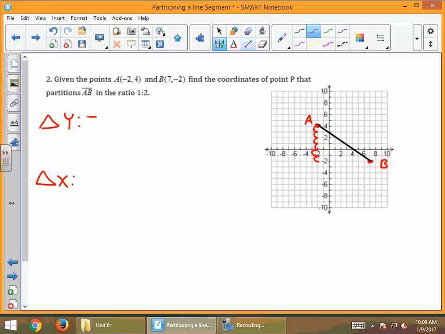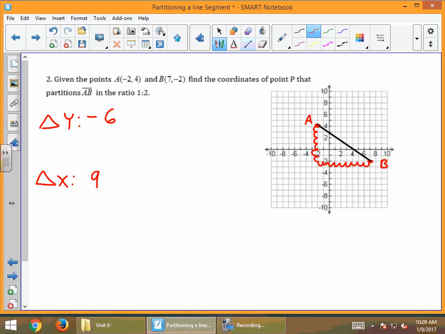So I went -6. Fantastic. I went -6. Now I'm going to have to go over to get to B. How far do I go over? Well, we'll count. 1, 2, 3, 4, 5, 6, 7, 8, 9. And because I went to the right, it's going to be a +9. So I have -6 and 9.